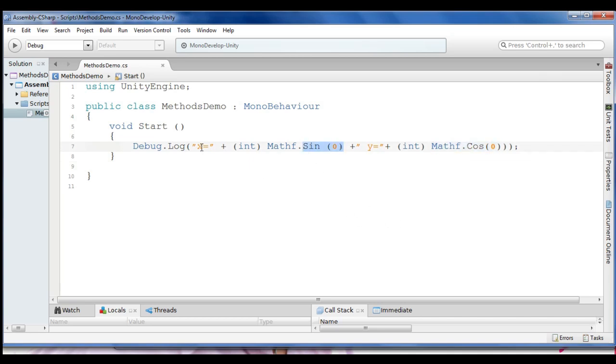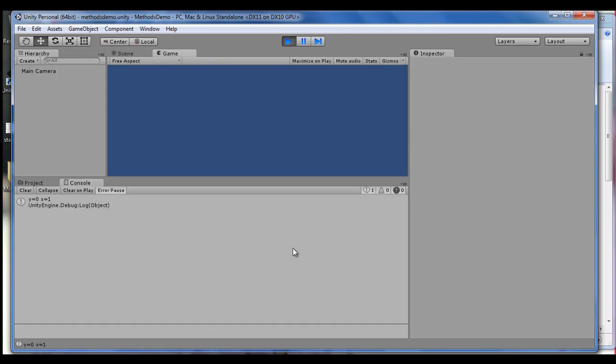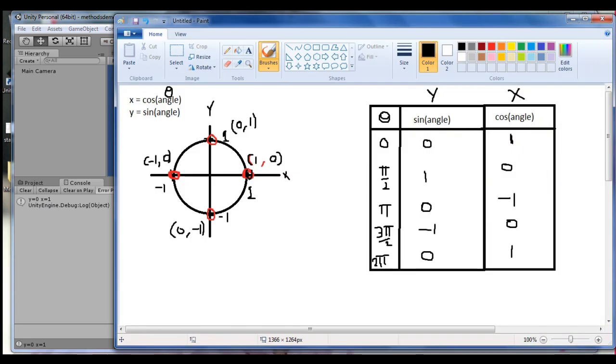And this is actually y and this is x, right? Cos will give us x and sine will give us y. Let us save and come back. If I run the code, you can see that y is equal to 0, x is equal to 1. Is that correct? Y is equal to 0, x is equal to 1.